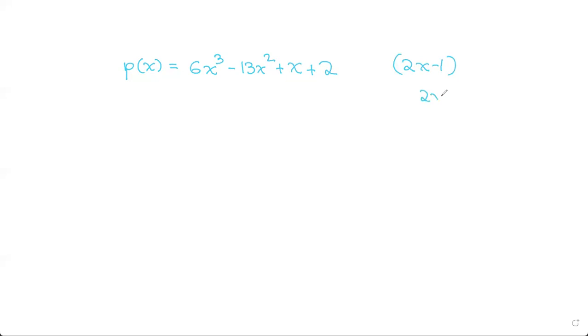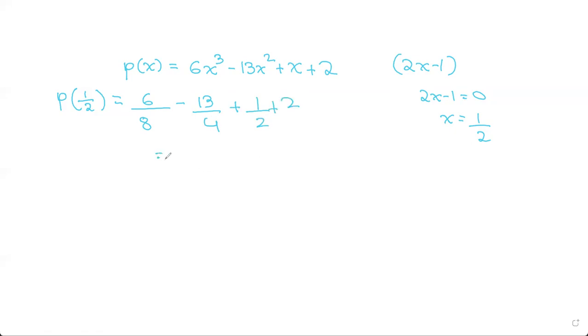So we do 2x minus 1 equals 0. So x is equal to 1 by 2. Now we do P of 1 by 2, which is 6 divided by 8 minus 13 divided by 4 plus 1 by 2 plus 2.